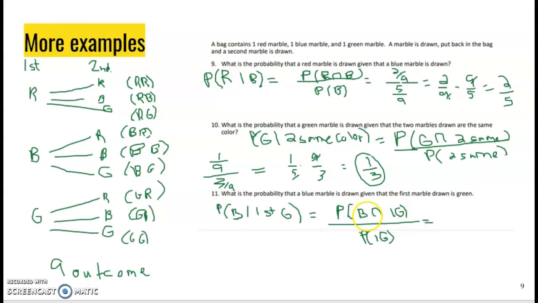So the probability of it being blue, sorry, and the first one being green, we have to look at all the G ones, and the only one where the first is green and it's a blue is 1 out of 9 choices.